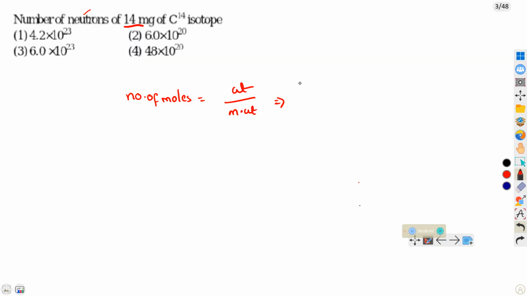Weight is 14 milligrams, converted to grams: 14 into 10 power minus 3, divided by molar mass. This is carbon-14 isotope, atomic weight is 14, cancel, that is equal to 10 power minus 3 moles.